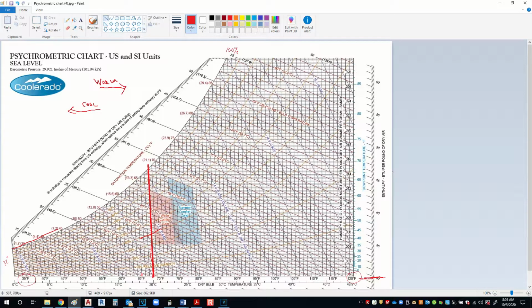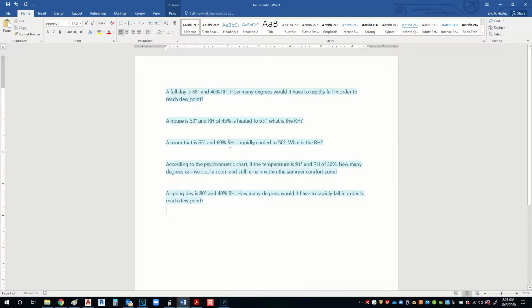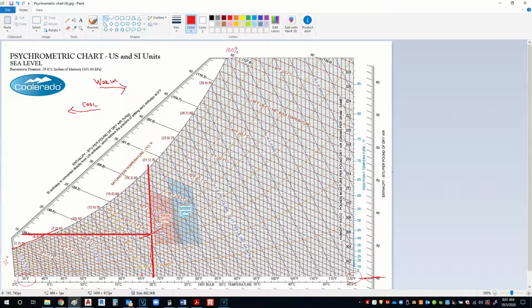So we're going to go in this direction. Try to keep that as level as you can. How many degrees would it have to rapidly fall in order to reach dew point? Well, it reaches dew point at this point right here.